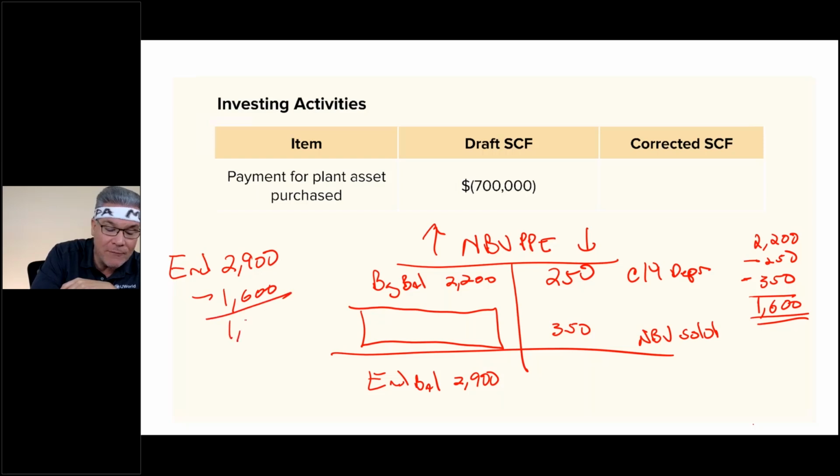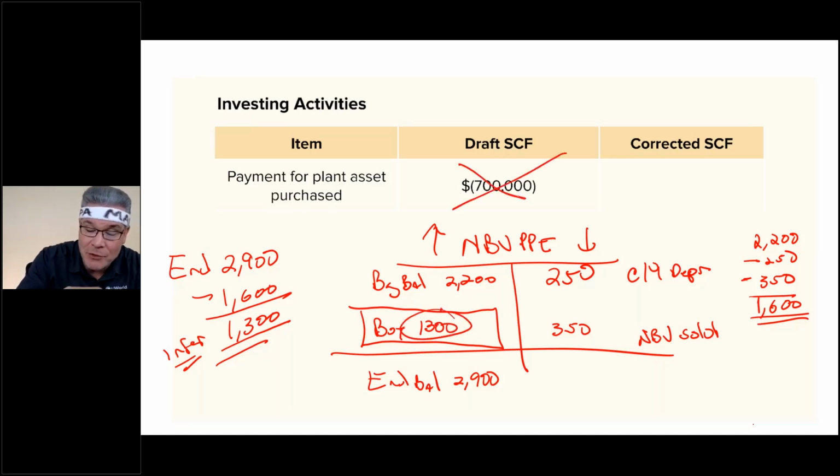So then we can infer that we had purchases of how much? $1.3 million. So what we bought, $1.3 million. We should have $700,000 is wrong. The payment for the plant asset purchase, that should be $1.3 million outflow, investing outflow, $1.3 million.